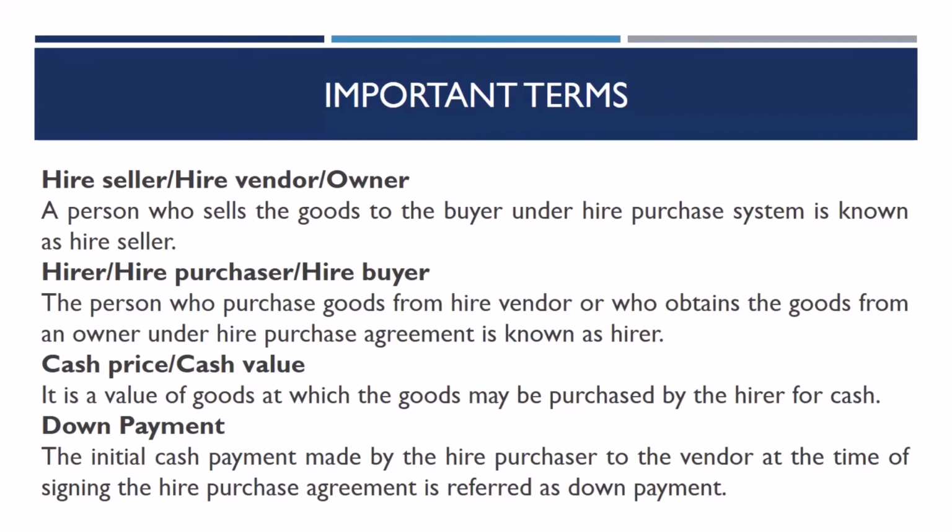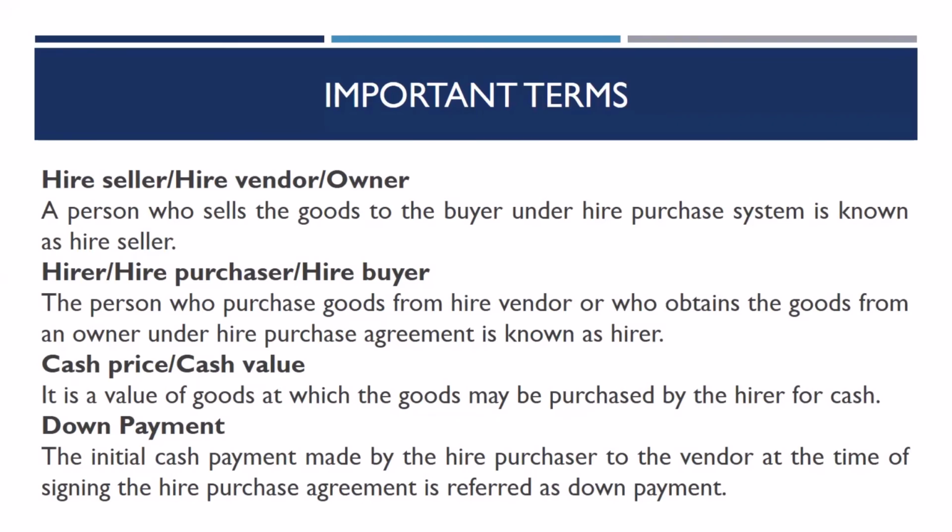Then when you get into a hire purchase transaction, there is an important type of payment which is referred to as the down payment. The down payment refers to the payment that is made by the hire purchaser to the hire vendor at the time of signing the agreement.